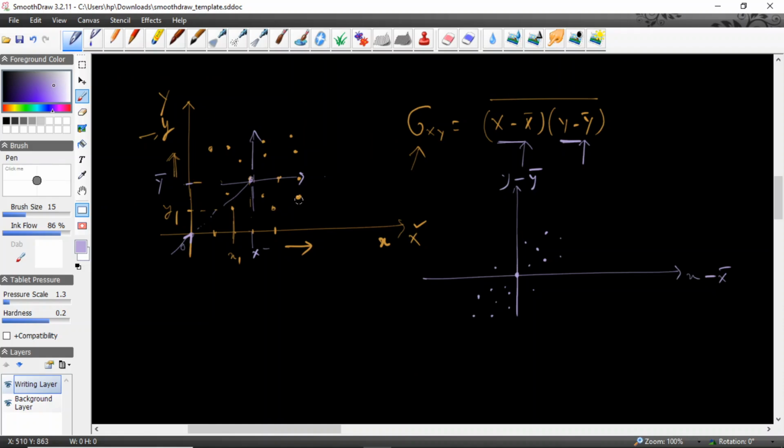This is what I have written here: x minus x bar and y minus y bar. Initially we plotted x versus y. Now we are plotting x minus x bar versus y minus y bar, where the origin of the scatter plot is moved to their mean values.